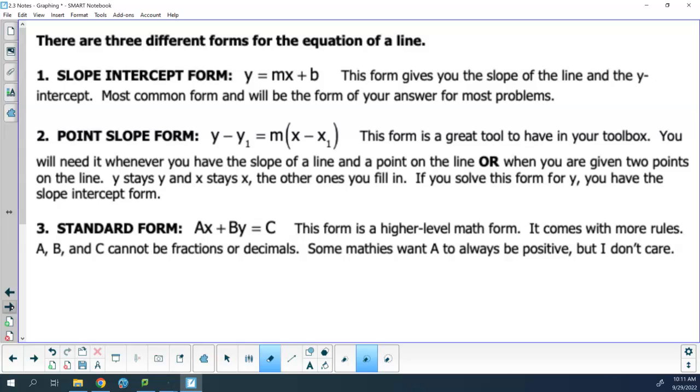You just got to know. The first one is the one that you probably know the most: y equals mx plus b. We call that the slope-intercept form of a line because it gives you the slope, that's the m part. We talked about that yesterday also. But it also gives you the y-intercept, that's the b.